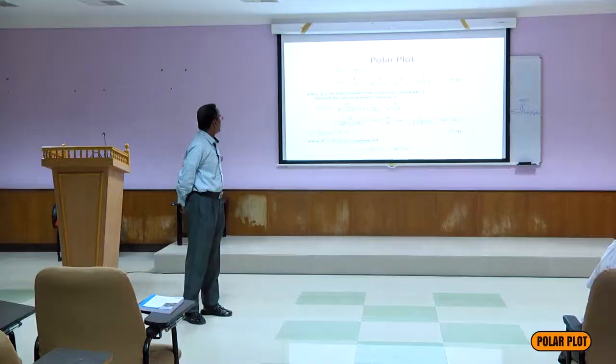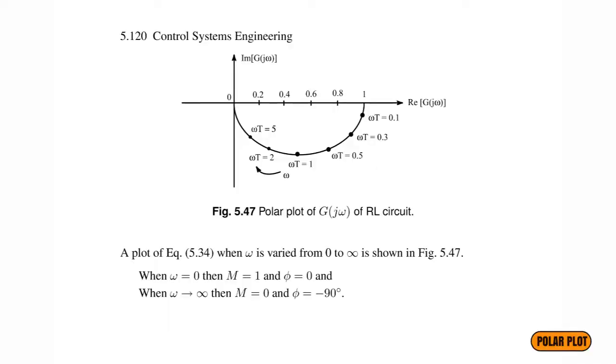We will see here omega equal to 0. If we substitute omega equal to 0 in 1 by 1 plus j omega tau, the magnitude is 1 by square root of 1 plus omega square tau square. If we substitute omega equal to 0, then it becomes 1. The magnitude becomes 1.